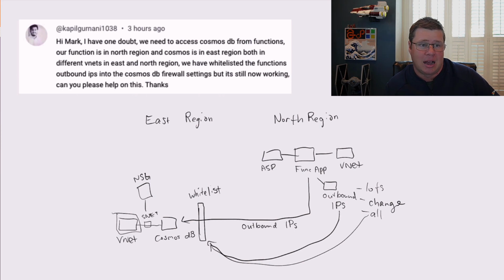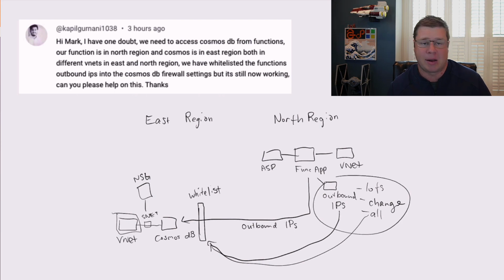That being said, I would also suggest a couple of different options. Now, I don't know what Kapil's exact scenario is here, but there's other ways of handling this, right? So what are the pain points that we have? Well, one, we have a whole bunch of outbound IPs, right? So how do we fix that?